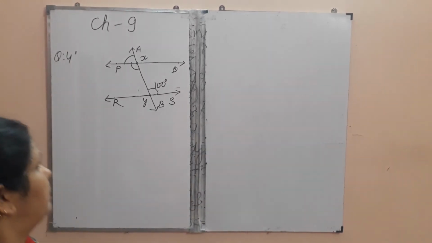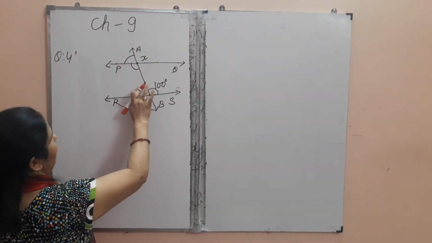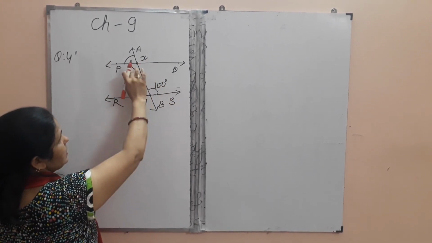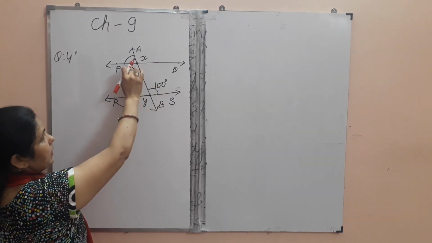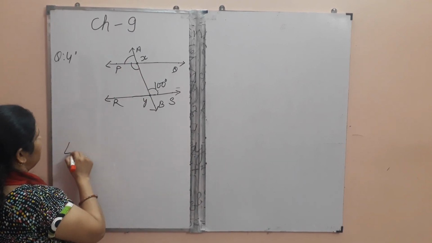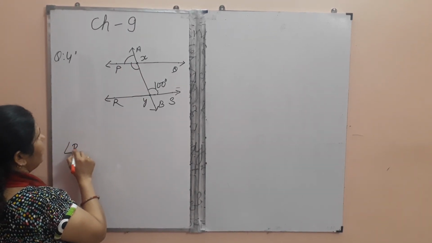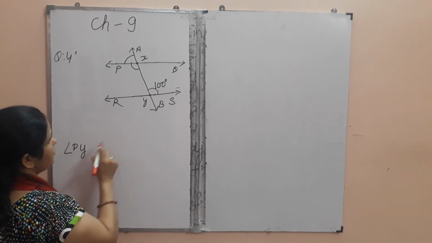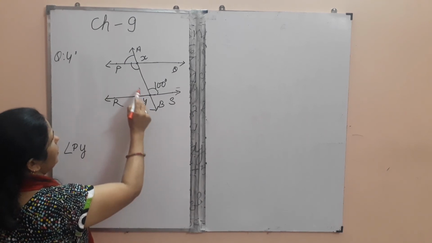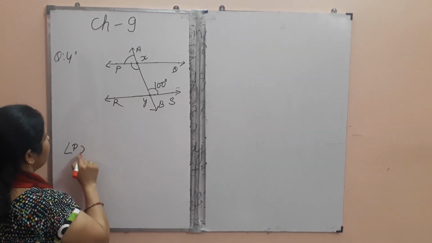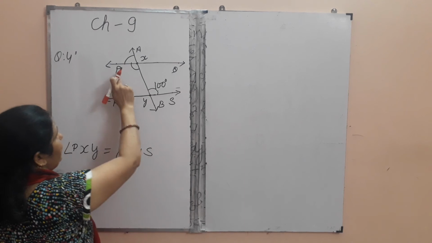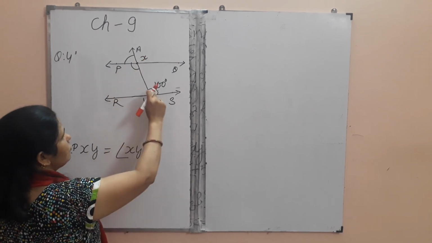I had already explained in the example, but now again I will explain. These two are parallel lines. These two are interior angles, and they are on the alternate side of the transversal. So angle PXY equals angle XYS.